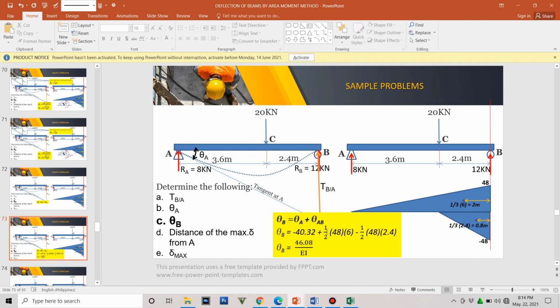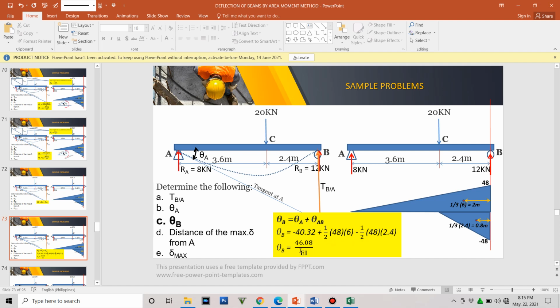All we have to do is to computein mo yung mga area ng moment diagram na nasakop ng A to B. So that is this upper triangle, 1/2 48/6. Ito, minus yan kasi negative triangle yan. Negative 1/2 48/2.4.